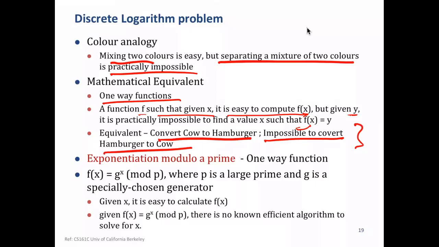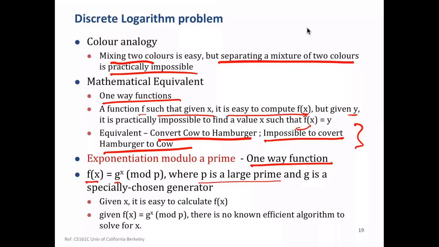So we come up with the one-way function, which was defined by Diffie-Hellman: f(x) = g raised to the power x mod p, where g is the generator, a public number known to everyone, and p is a large prime.